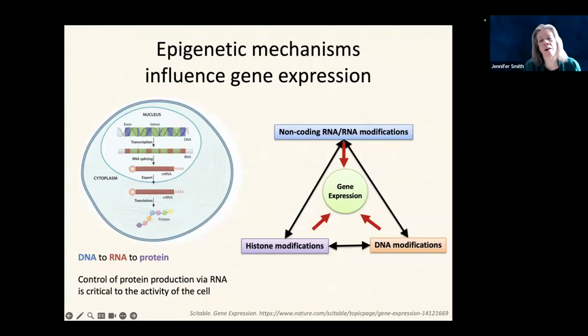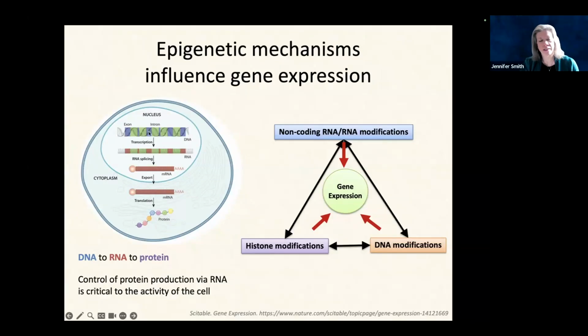So if we just take a little step back and think about the influence on gene expression, just to make sure everybody remembers and is on the same page: in the nucleus, you've got the DNA, and you have both exons and introns in the DNA. Exons are the part that codes for a protein, and introns are pieces of DNA in between the exons.